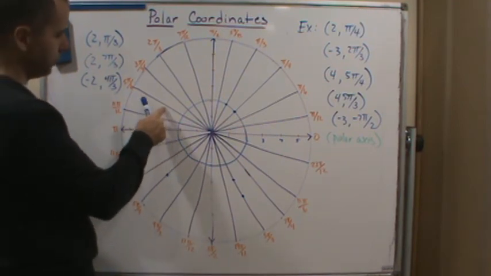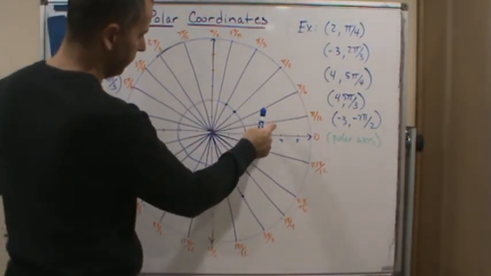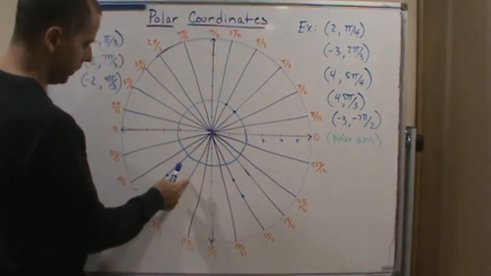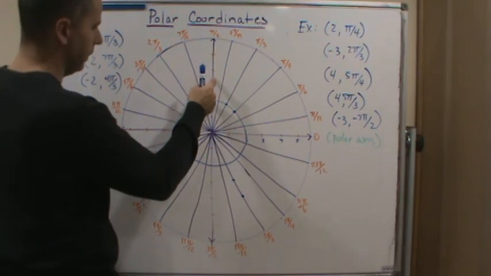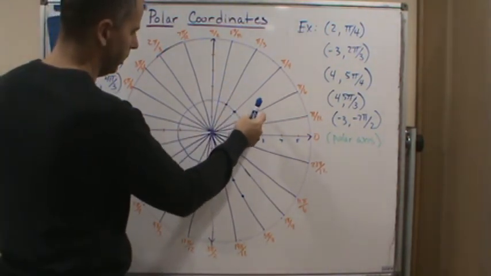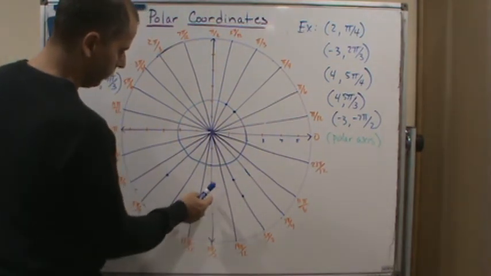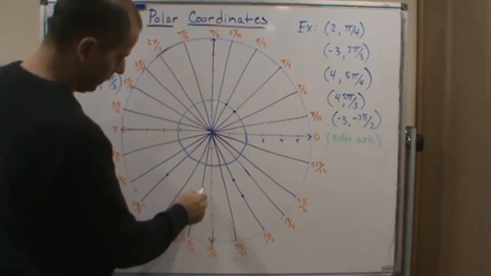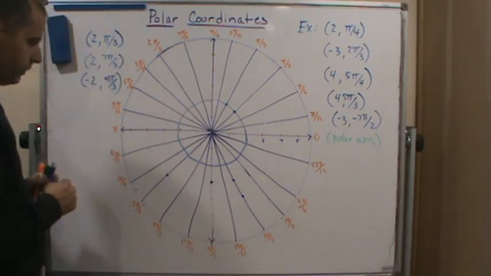So we're going to go 1, 2, 3, and so on up to 42. So negative 3, comma, negative 7 pi over 2 is right there.